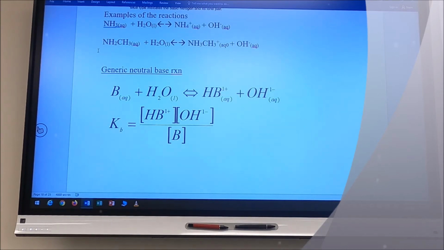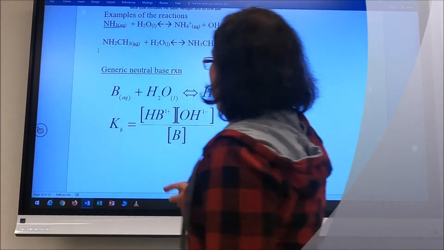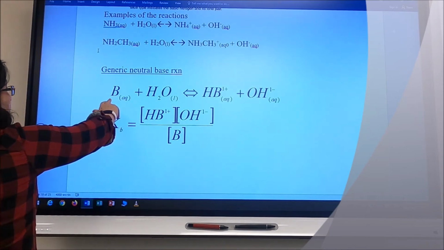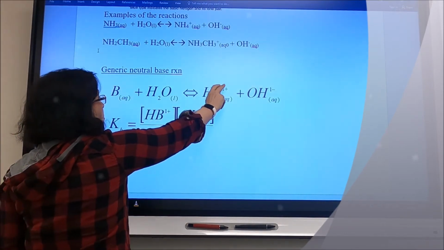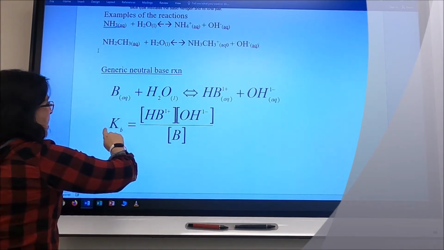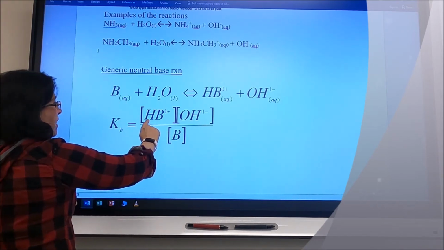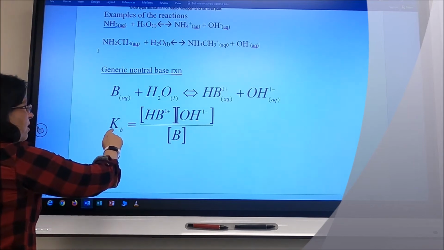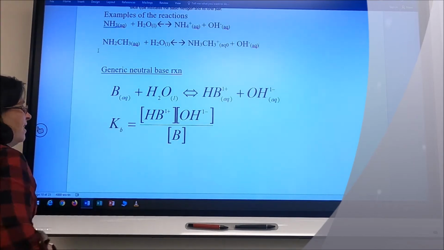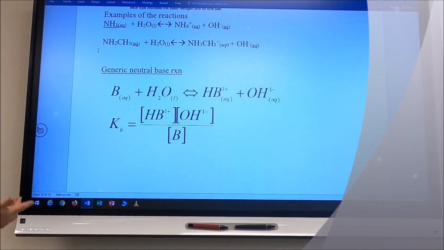Now, in general, we can say that a neutral weak base, a molecular weak base, will react with water to give me HB plus and OH minus. And the equilibrium expression is HB plus times OH minus over the B concentration. And we give that a special designation, Kb, because it's a base ionization.